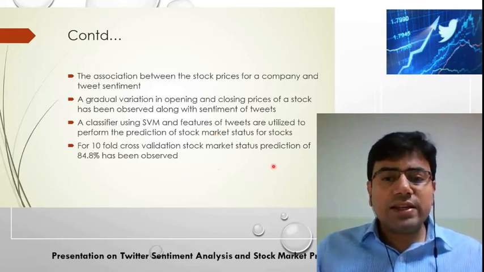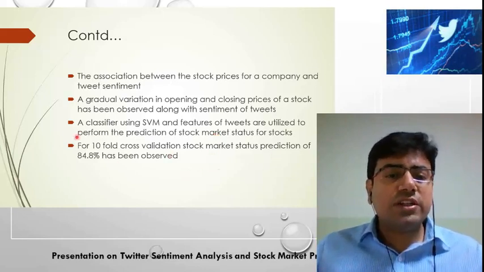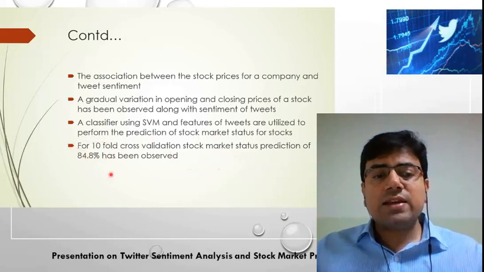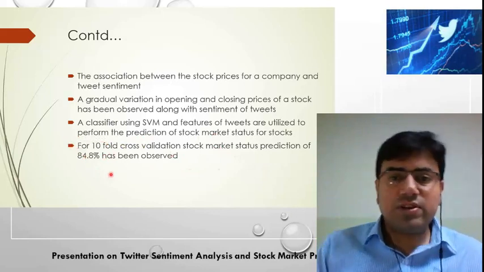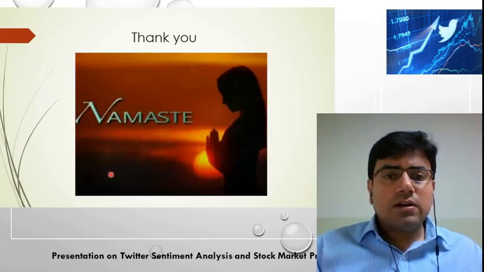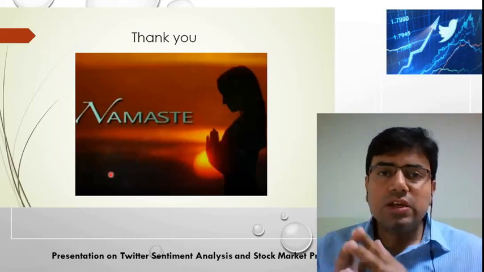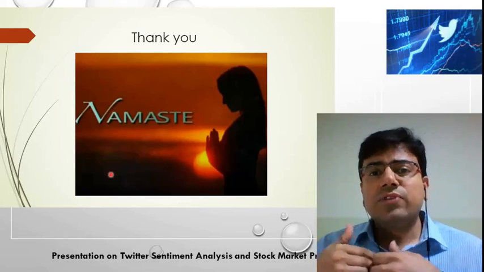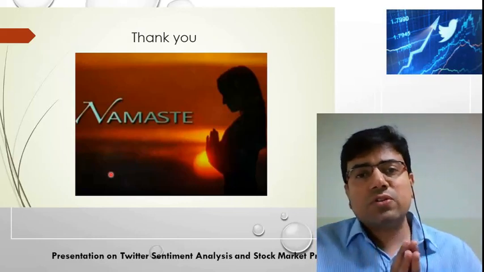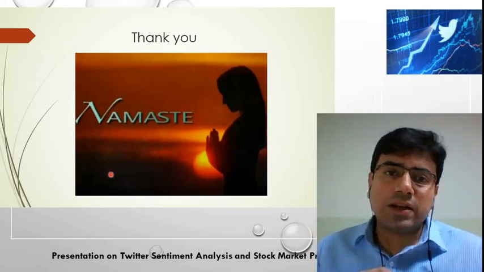On tenfold cross validation, the support vector machine gives 84.8 as its classification accuracy. This is a short presentation on how we can use Twitter, and further we can explore the association of the Twitter data with the stock market.